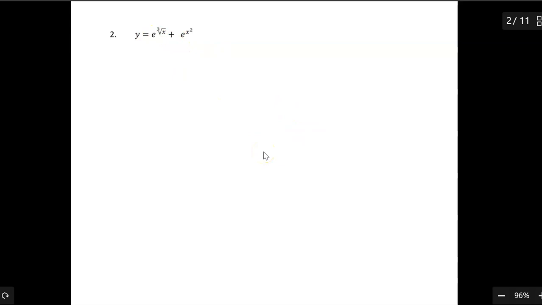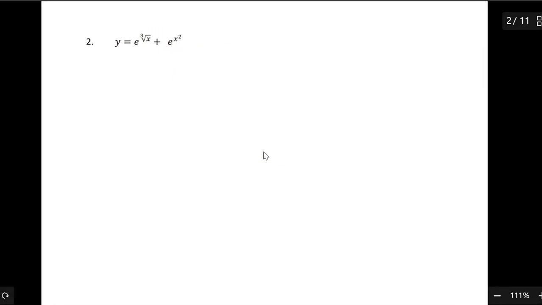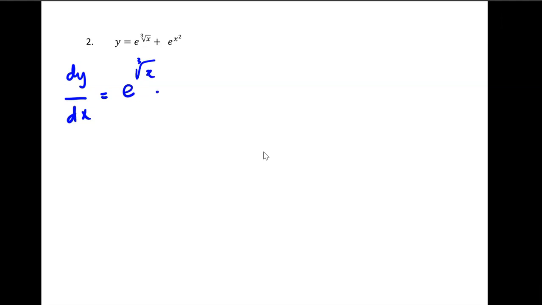Okay, so in this case, I will write dy over dx equal to e to the exponent cube root of x, so the exact same thing again, right? Cube root of x, and then I multiply this by the derivative of cube root of x. So the derivative of cube root of x, we can try to do on the side here.